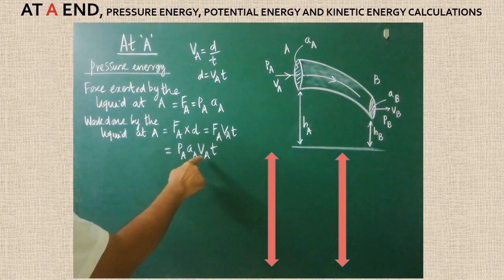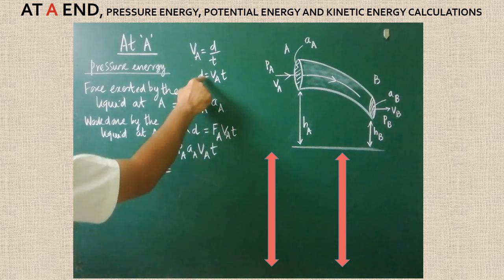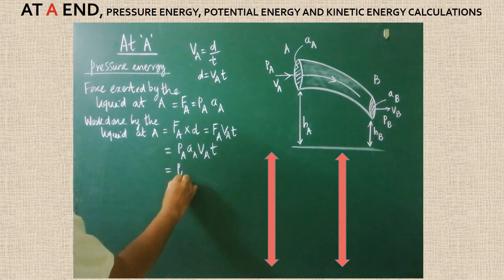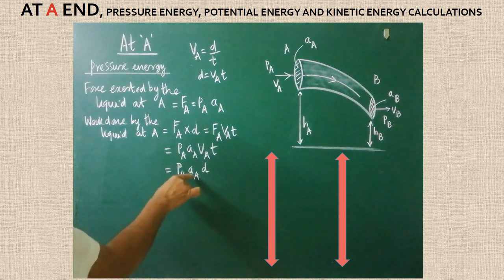Again, VA into T can be replaced by D. Are you clear? So we have PA, AA, and D. Now you have to look at the factor AA into D, area of cross section into distance.